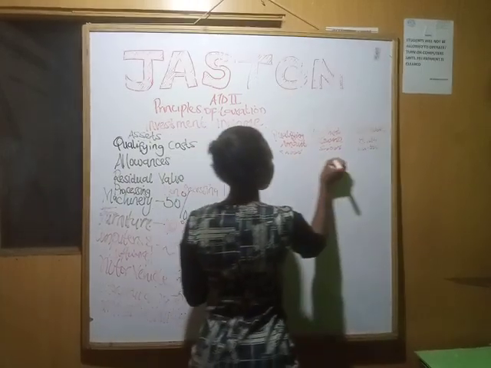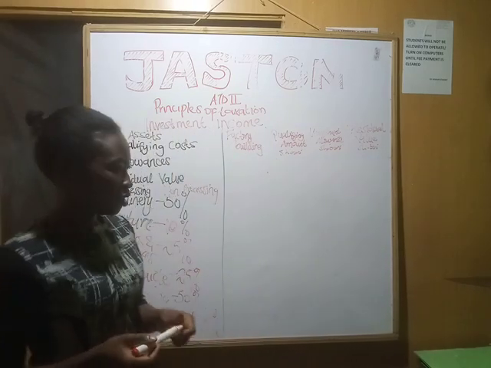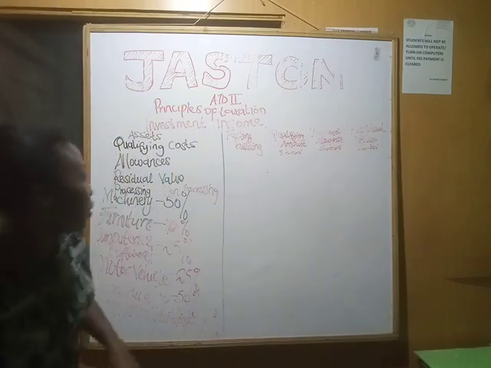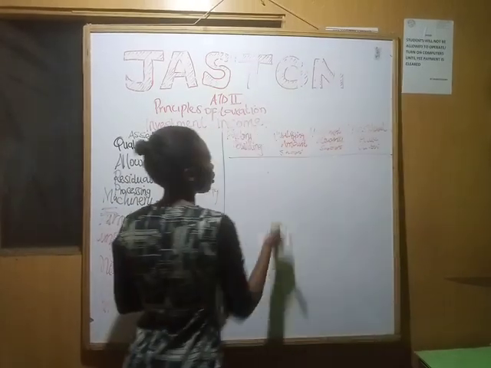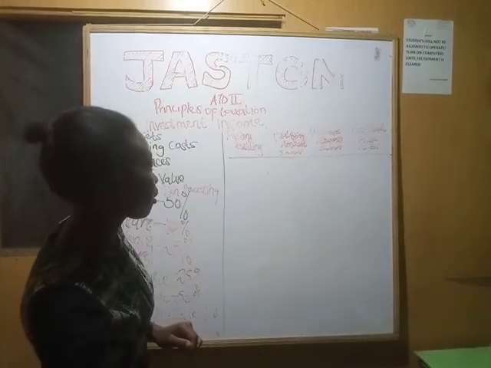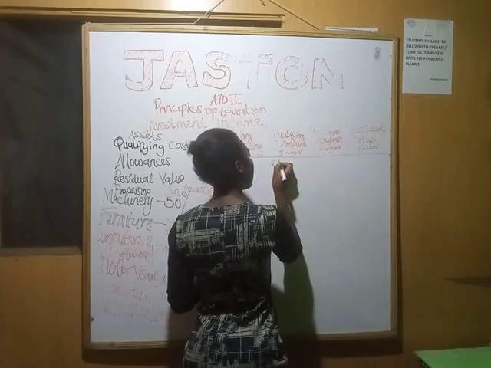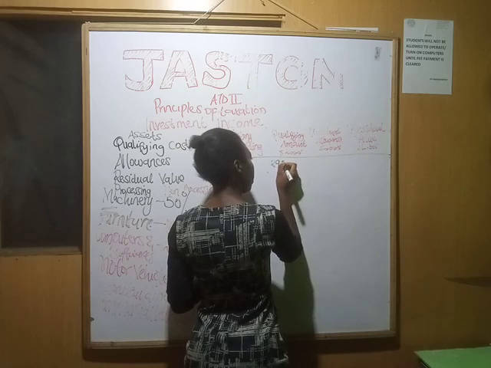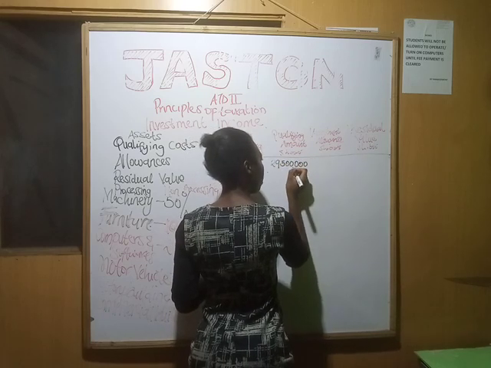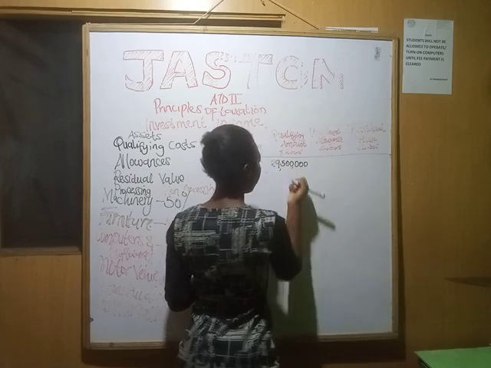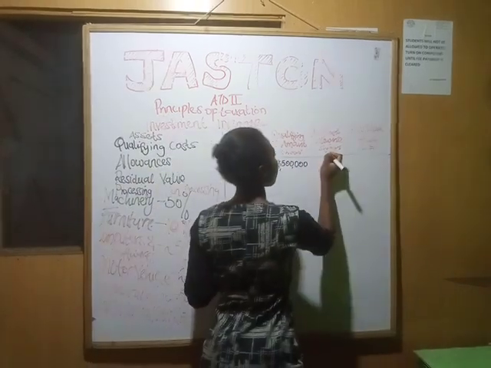Here we have our factory building. Our qualifying amount is 29,500,000, and our investment allowance is 50%.